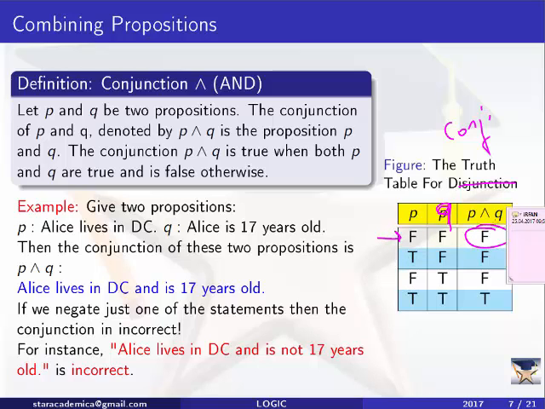The only way P and Q is true is if P is true and Q is true, then the result is true. Otherwise, it is always false. So we have 4 combinations for P and Q: false, false; true, false; false, true; and true, true. So if we are combining 2 propositions, we have 4 cases.